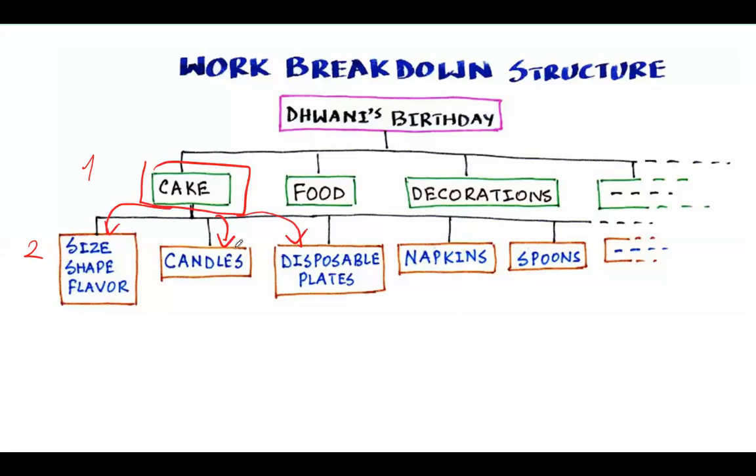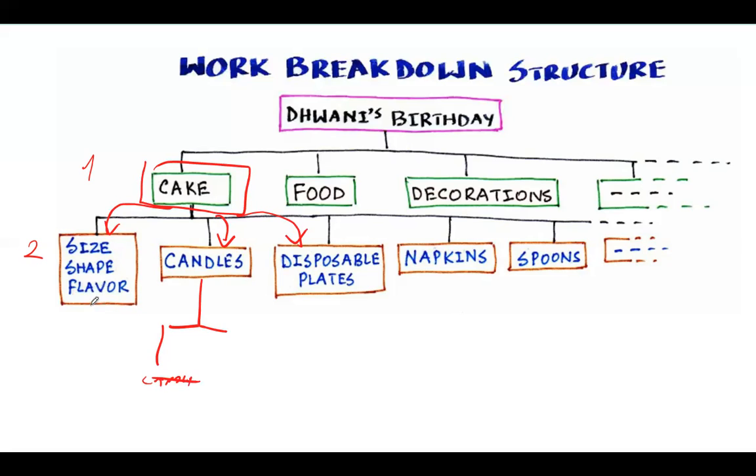Okay, so candles, for instance, you might need maybe 4 candles deliverable, purchase a candle. For disposable plates, activity of purchasing disposable plates, and so on. So these are my minimal viable.